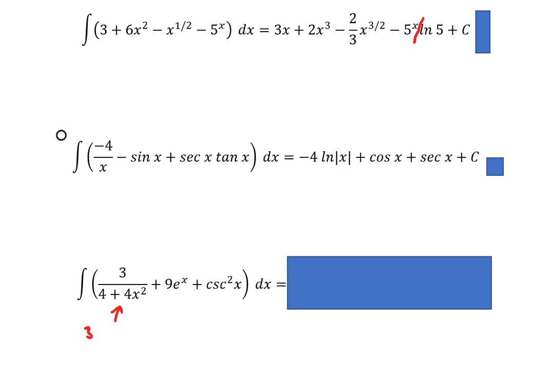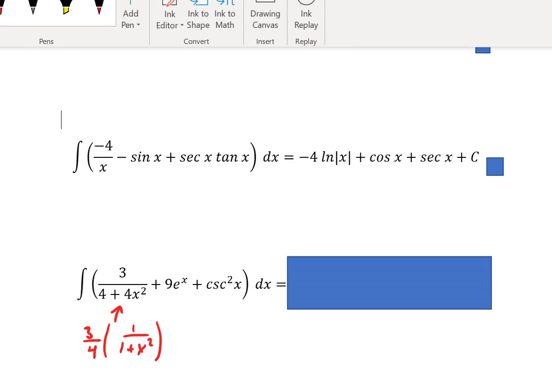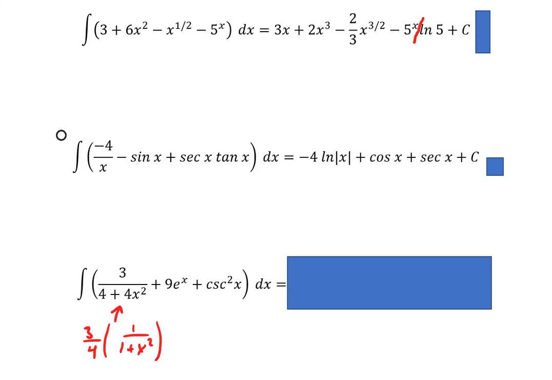I can pull a 3 out front on the top, and then each of the 2 bottom terms contains a factor of 4. So I have then 1 over 1 plus x squared, and that whole thing is being multiplied by 3/4. So that should make it a little bit easier to see what we're actually working with here.